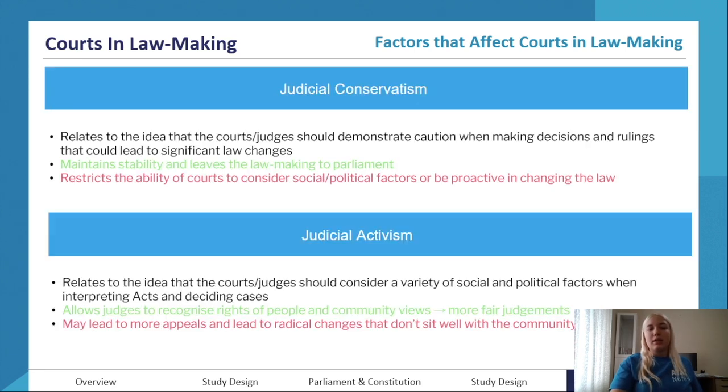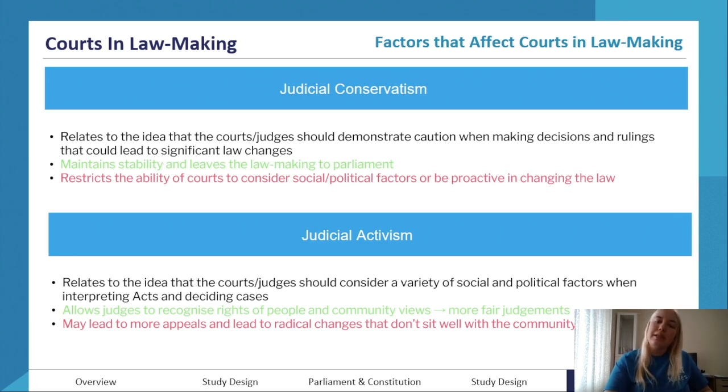Now, judicial conservatism and activism. These refer to different approaches to being a judge. Conservatism relates to the idea that courts and judges should demonstrate caution when making decisions and rulings that could lead to significant law changes.